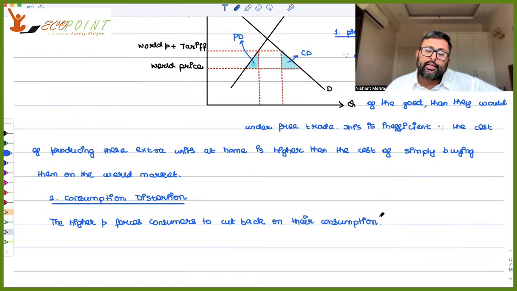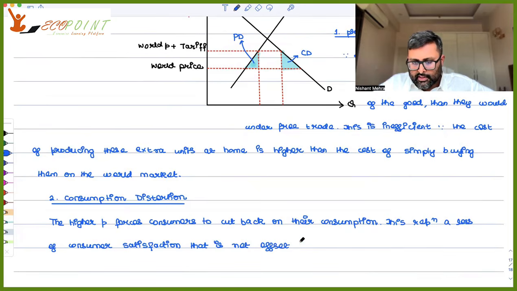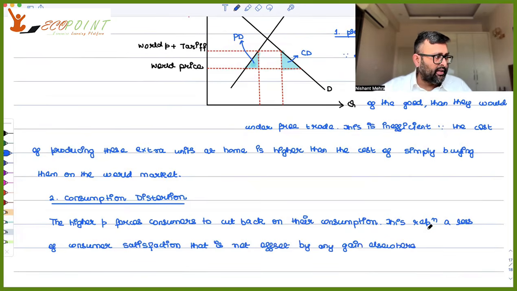So this represents the loss of consumer satisfaction, which is not offset by any kind of net gain because of this tariff. This is not offset by any gain elsewhere in the economy.